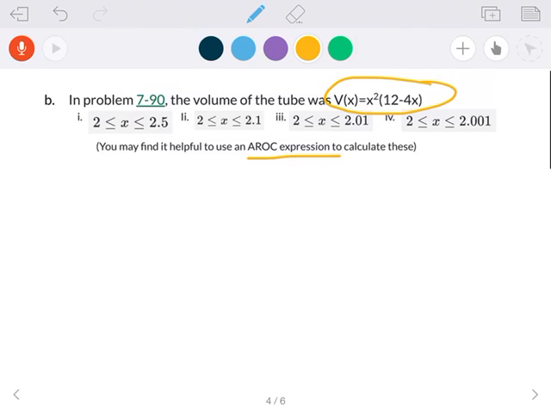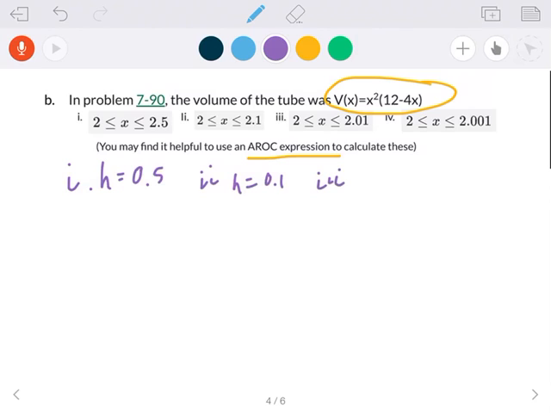The first thing that we want to think about is when we have these intervals, we're actually talking about different h values. So in this first one, from 2 to 2.5, the h value is 0.5 because that's the change in the x's. For number 2, we're going from 2 to 2.1, so the h value is equal to 0.1.